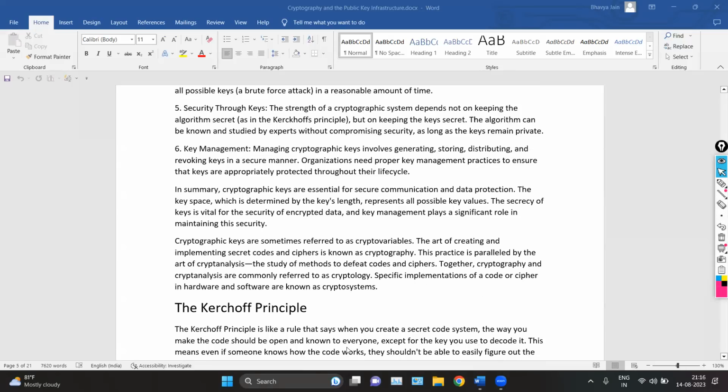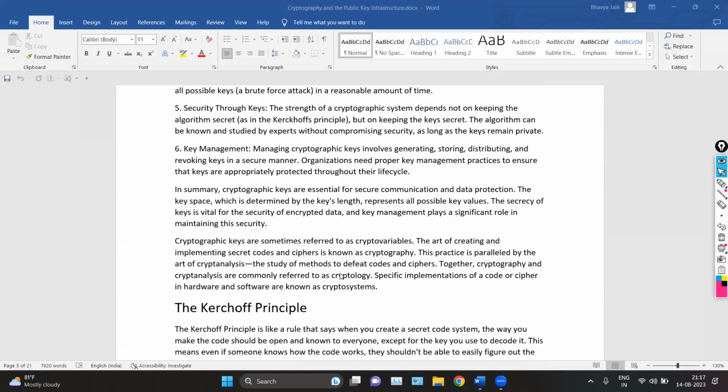Then we have security through keys. The strength of cryptographic systems depends not on keeping the algorithm secret, as in the Kirchhoff principle, but on keeping the key secret. That is what we have discussed. The algorithm can be known and studied by experts without compromising security as long as the keys remain private.